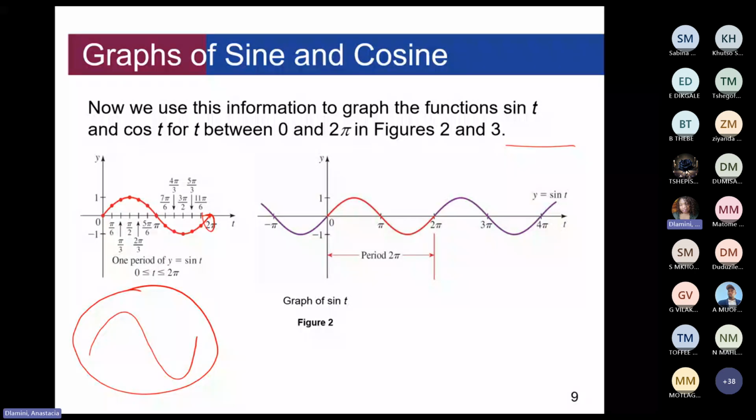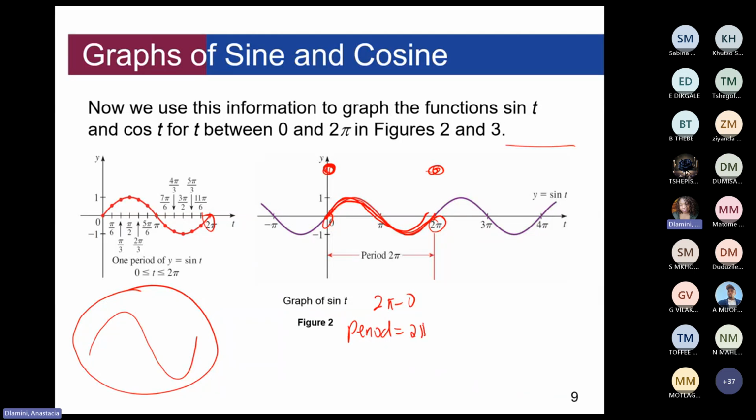So I check the distance from here to here. I know this is 2 pi and I know this is 0. So I say 2 pi minus 0. So my period for this graph is equal to 2 pi, because I know the shape. Where is the other shape of a sine?